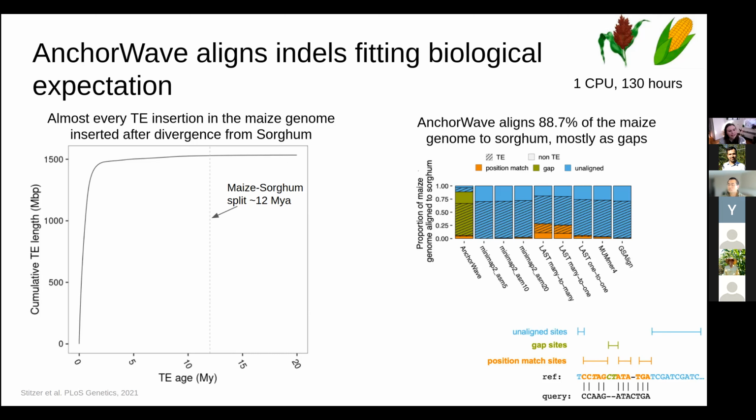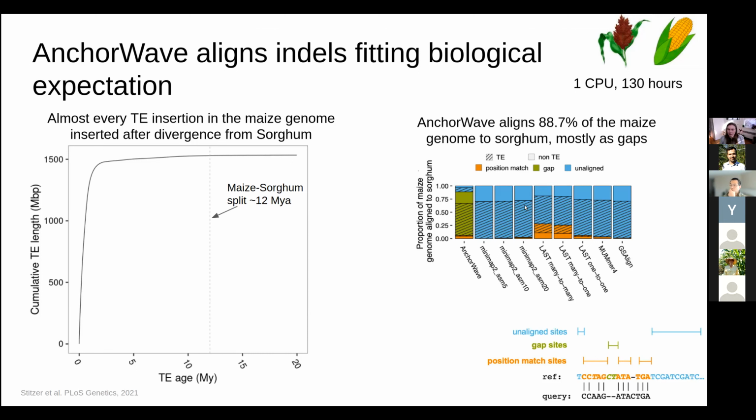And so this means that if we observe a transposable element insertion on the maize lineage, there's no real way for that to be shared at that same position in the sorghum lineage. And so that sequence should not be aligned to a base pair in sorghum. And so indeed, when we look over on the right here, the cross-hatching again is TEs in the maize genome. And so for AnchorWave, we see that many of these are in the gap and unaligned sequence.